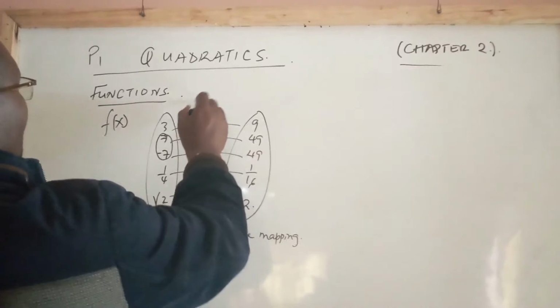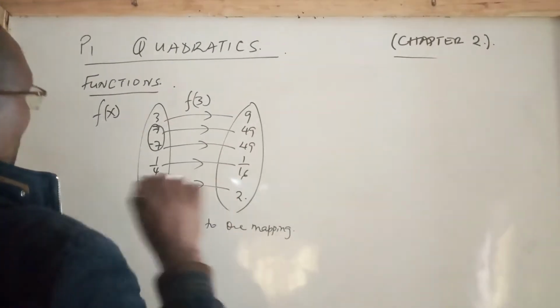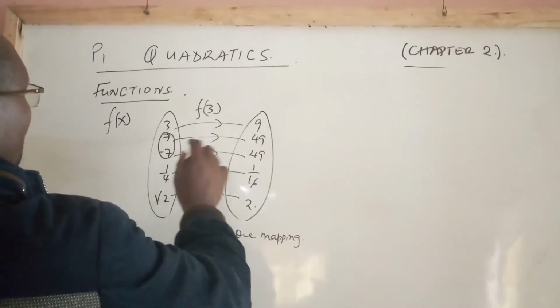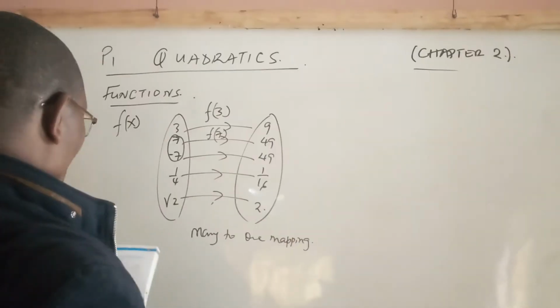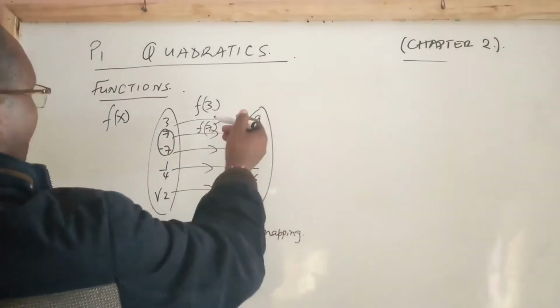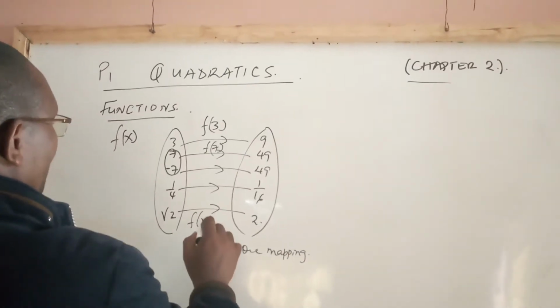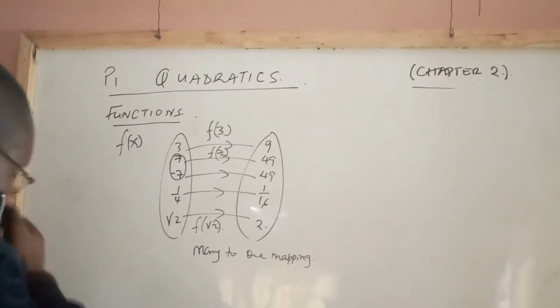Of course, this is the function of 3. What happens to 3? It goes through the process of squaring to give us a 9. 7 goes through the process of squaring to give us 49. Everything goes through the process until f of root 2 goes through the process of squaring to give us a 2.